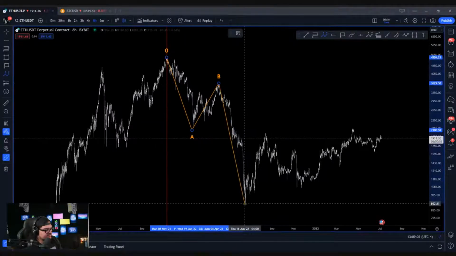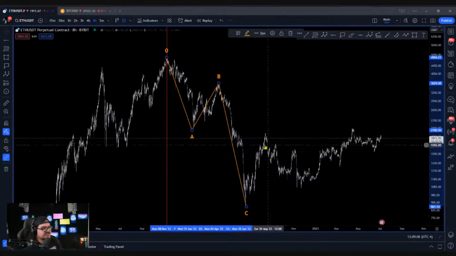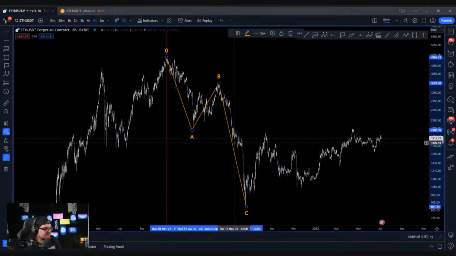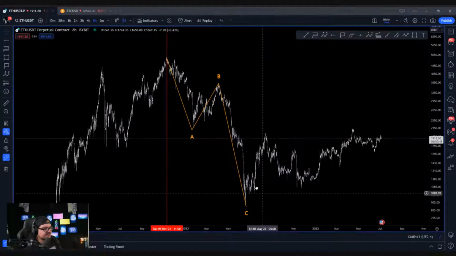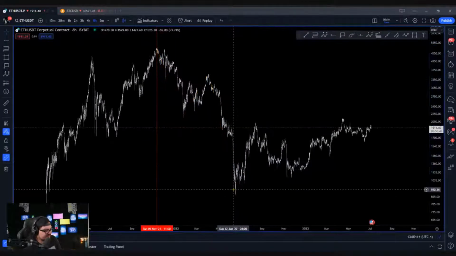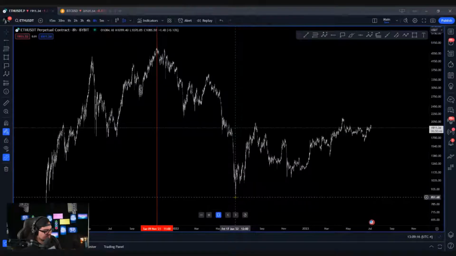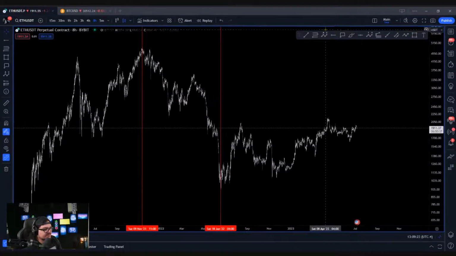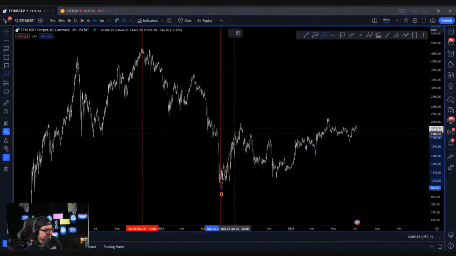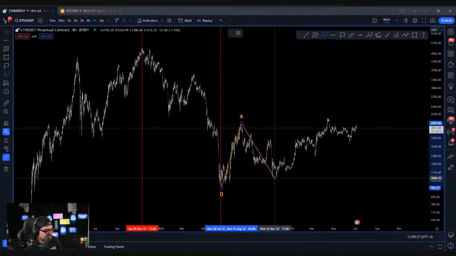So we have an A to a B to a C. The question is, is this the beginning or the end of something? If this is going to be the end of something, all right, we're done here. And so now from here, we can start from the bottom of this wave and focus everything to the right and see what could be going on here. First thing that I see is an ABC here.